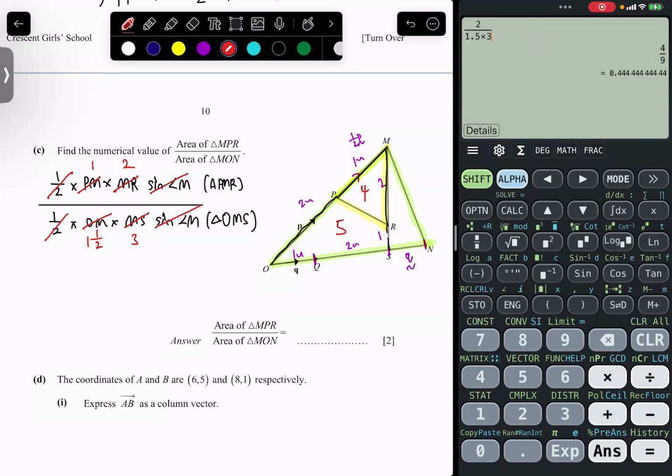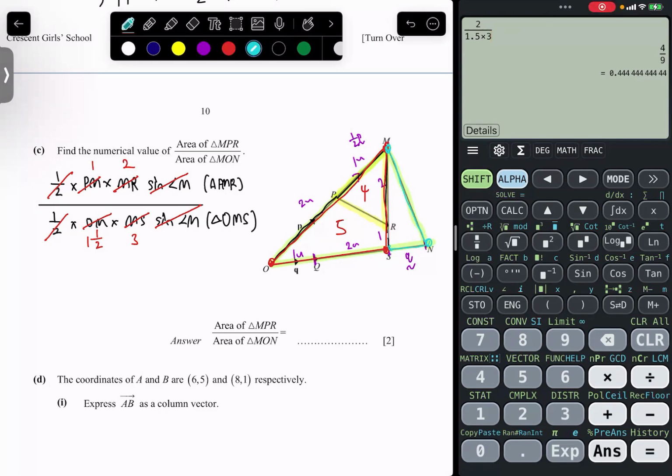Now, if we take OMS versus SNM, all right? Okay, so that means we take, now in red, we take this triangle, which is worth 9 units, by the way, right? Versus this triangle.